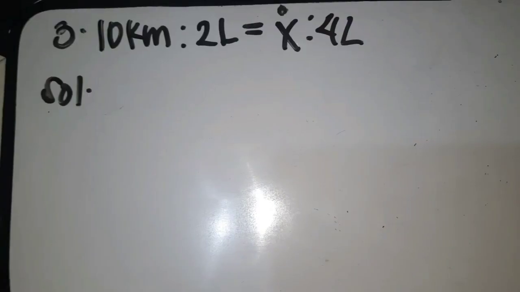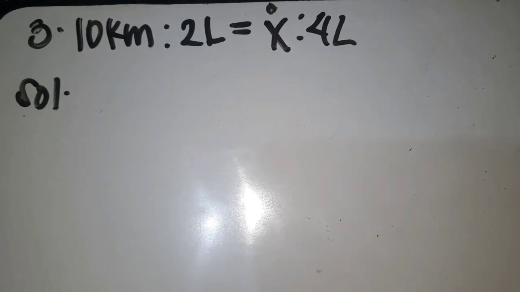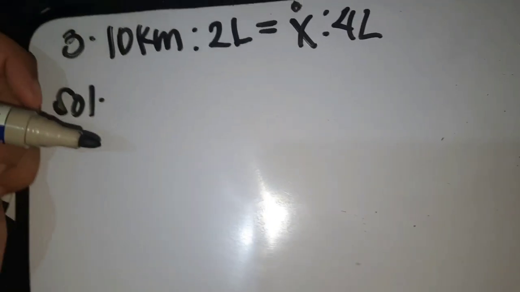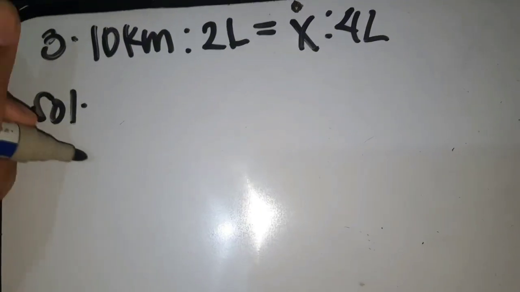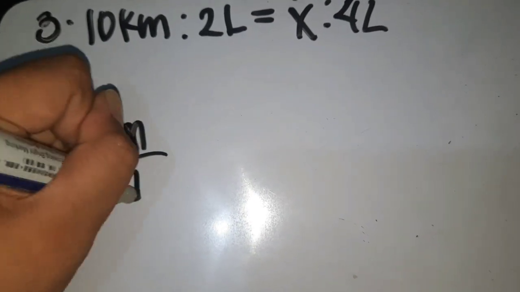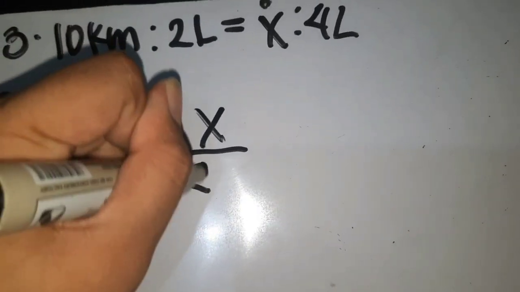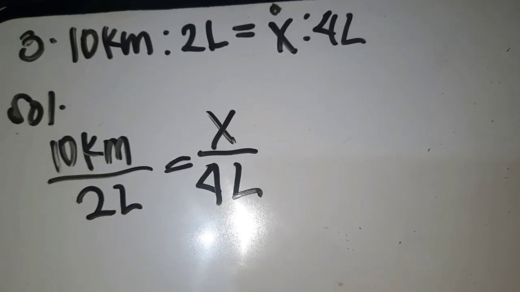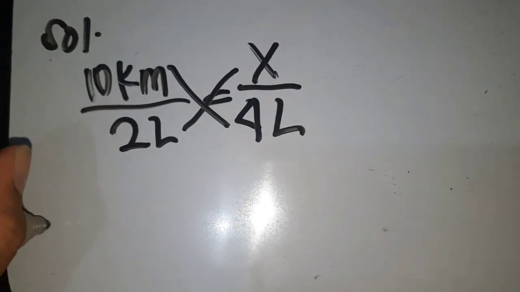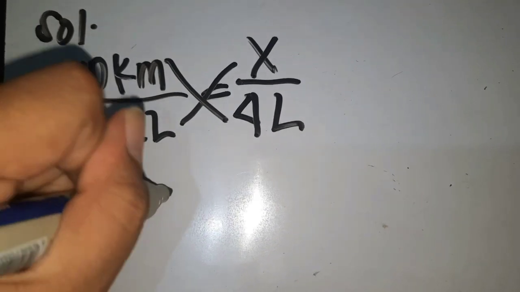That's the answer. For the last one, 10 kilometers is to 2 liters equals x is to 4 liters. So, it is also like this: 10 kilometers divided by 2 liters equals x divided by 4 liters. Here, we just cross multiply as well. So it becomes 2x equals 40.